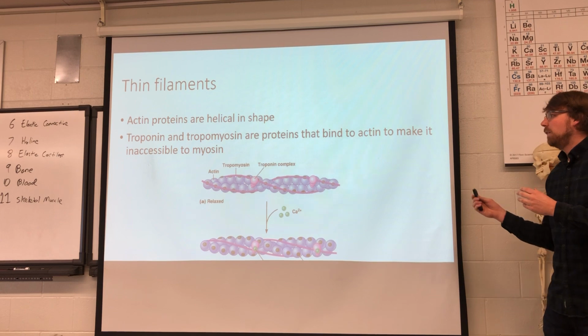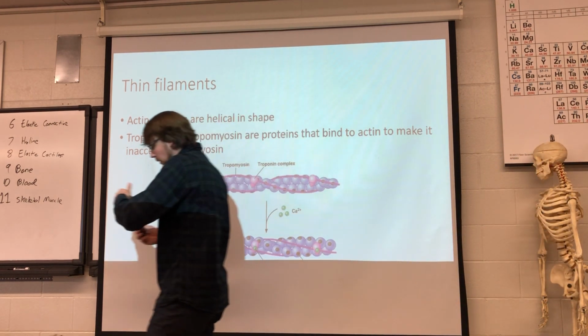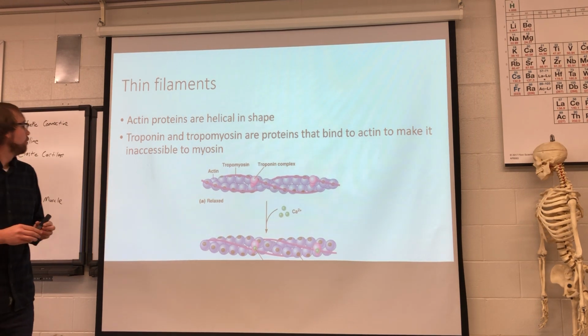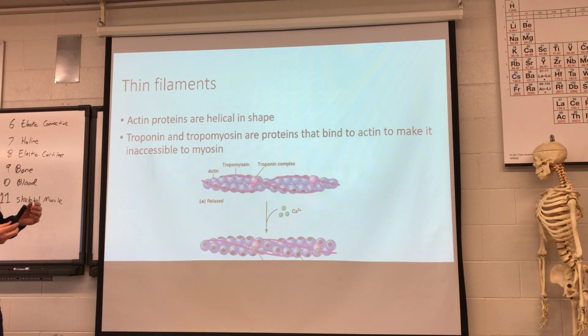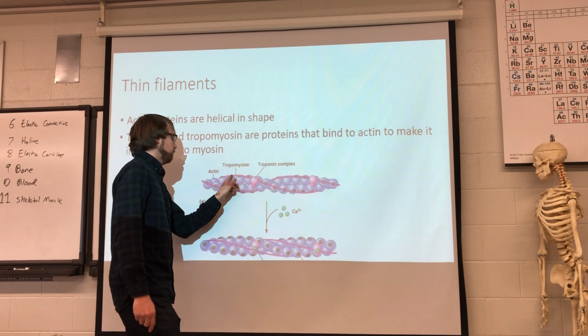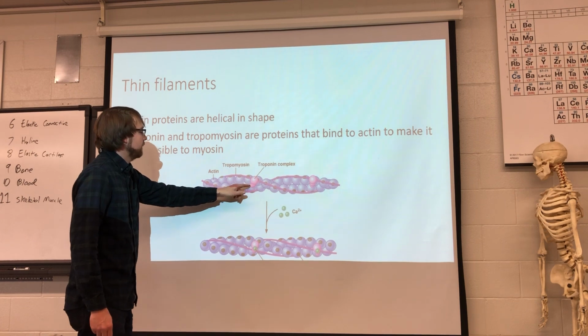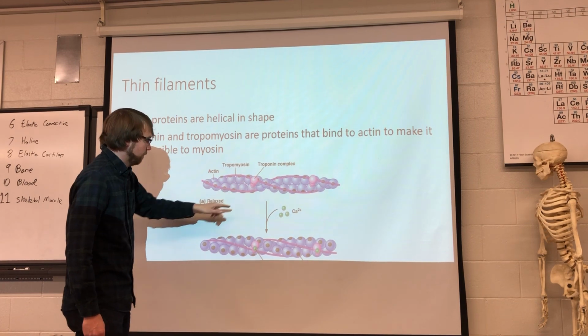So, the thin filaments are actin proteins. They are helical in shape. Troponin and tropomyosin are proteins that bind to the actin to make it inaccessible to the myosin. The tropomyosin is this purple, also helical protein. Then the troponin is this bubblegum pink thing.